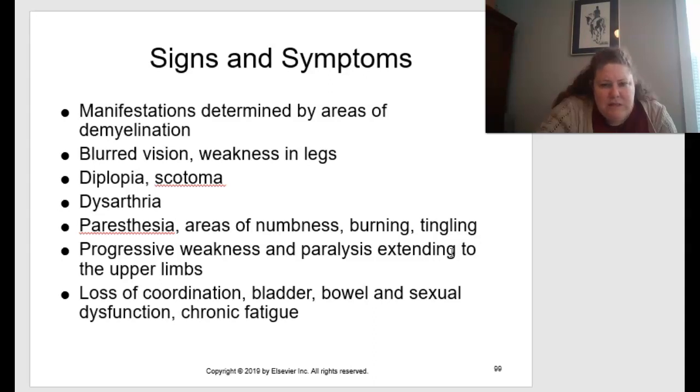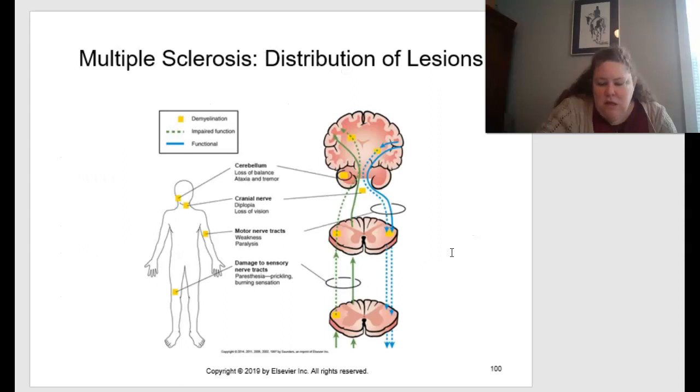You can also have paresthesia, and this would be areas of numbness, burning, or tingling, and these can develop if the sensory nerves are damaged. This progressive weakness and paralysis can extend to the upper limbs, and basically this can lead to loss of coordination, bladder, bowel, and sexual dysfunction, as well as chronic fatigue.